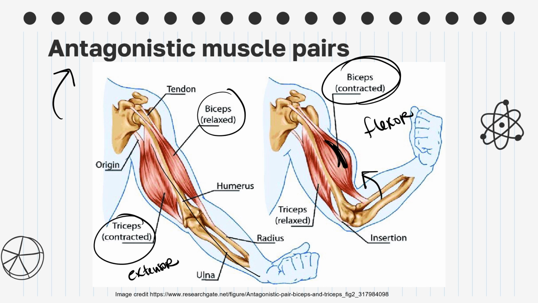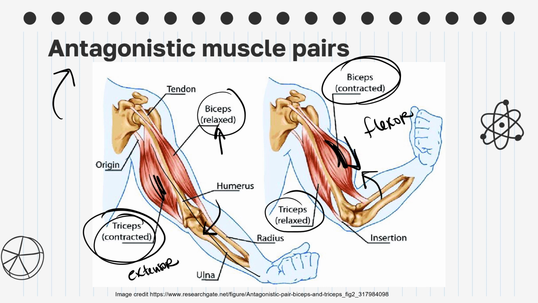But when the biceps is contracted, my triceps has to be relaxed. But then if I want to straighten my arm back out, my biceps can't push the arm down. Instead, I need to contract the triceps, and when this shortens, it pulls that arm back down while the biceps are relaxed.